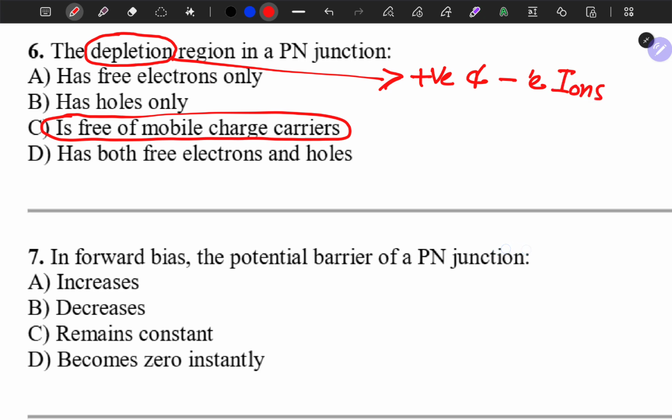Okay, they do not have any free mobile charge carriers, but they are actually positive and negative ions, which are the bound charges. So option C is the correct option.